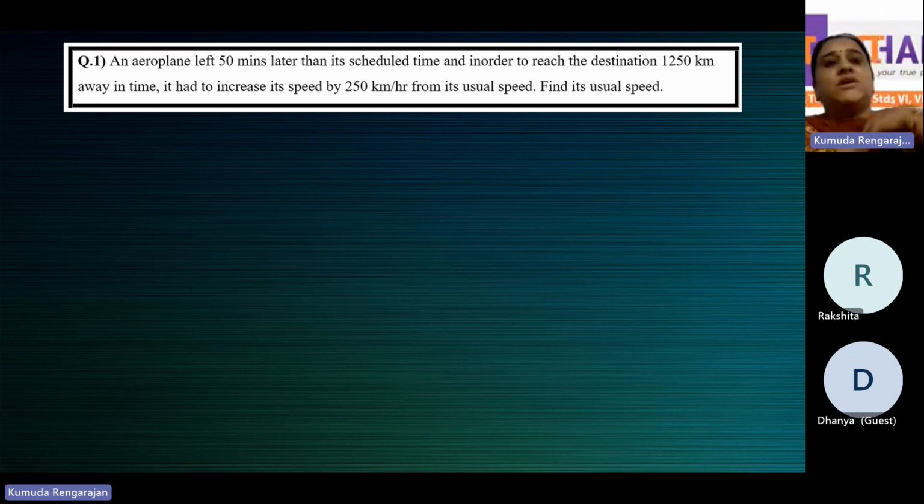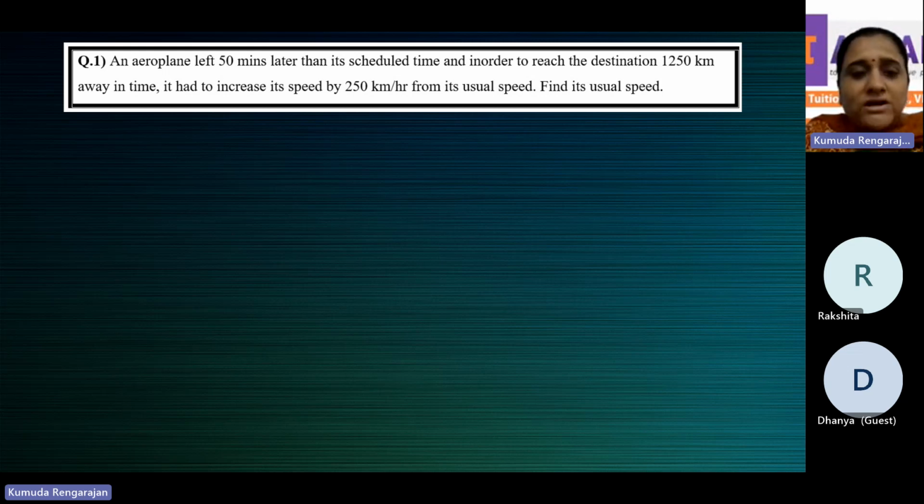So the pilot had to increase the speed of the airplane. That is the situation here.